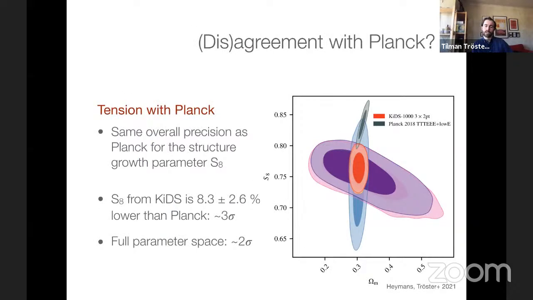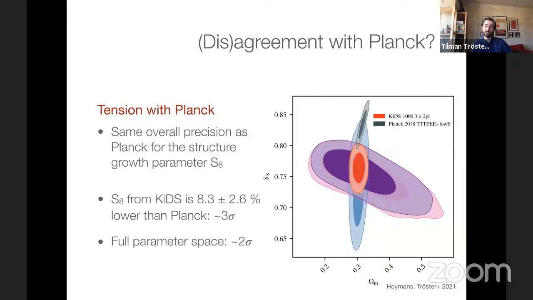So to summarize, if we only care about S8, because we say that's basically the parameter we constrain best with lensing and we're primarily a lensing survey, then while we have similar precision of parameter as Planck, which is about a 2% measurement of S8, we find that we're about 8% low, which translates into about a 3 sigma tension with Planck in S8.